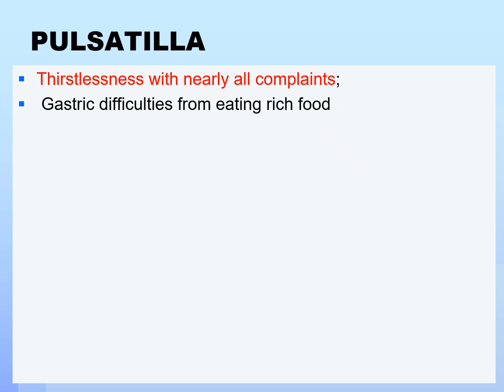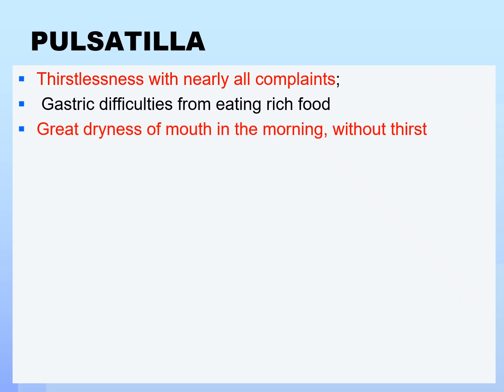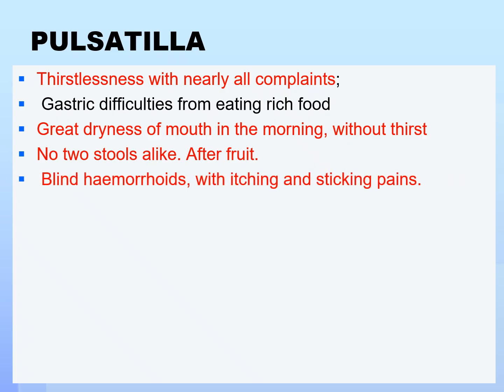Pulsatilla is a well-known homeopathic remedy especially suited for women with changeable symptoms and digestive disturbances. Patients are usually thirstless with gastric problems after eating rich, fatty or mixed foods, often leading to constipation and hemorrhoids. It is indicated in blind hemorrhoids with itching and sticking pain in the rectum, along with irregular stools that vary in nature.